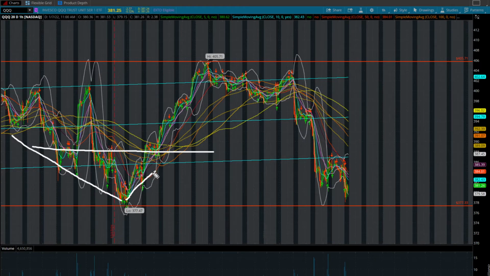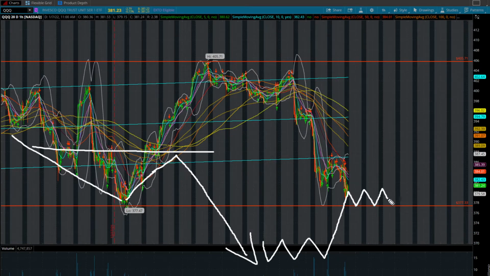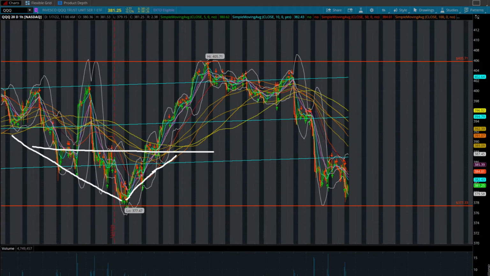As you get up into this area, you would expect more follow through to the downside to put in these new lows. And then you would expect to chop around sideways, come back up to the previous level, chop around sideways before making the next low. That's a normal market.